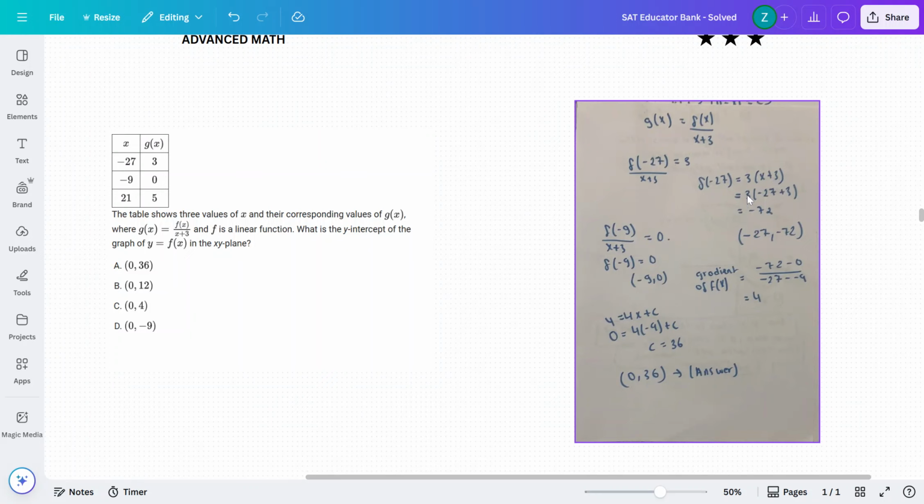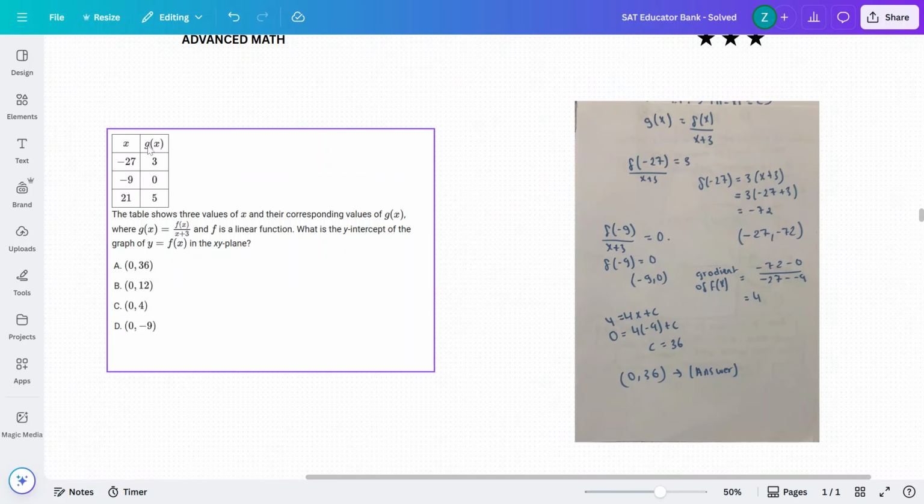And then 3, and then in parentheses just expand again. Sorry, here this 3 actually comes from g of x. If you noticed, g of x at the value of x equal to minus 27 is 3.